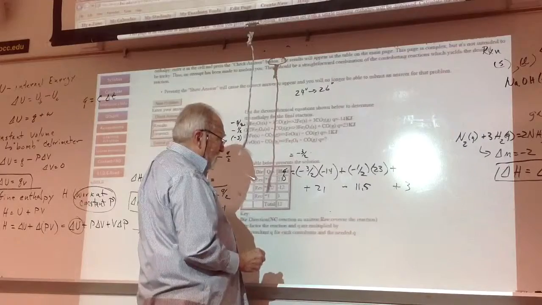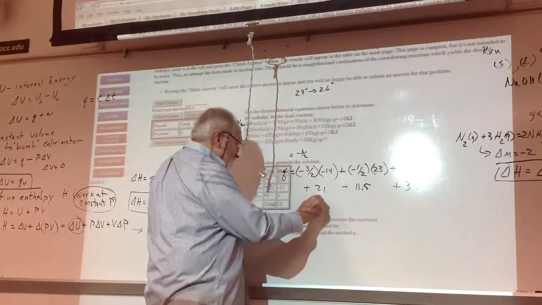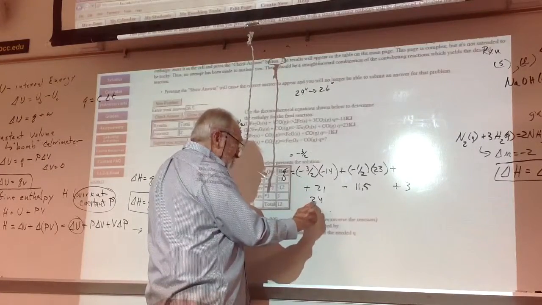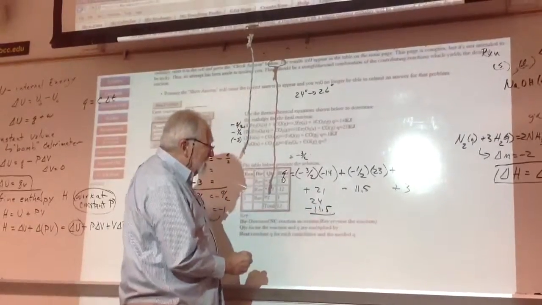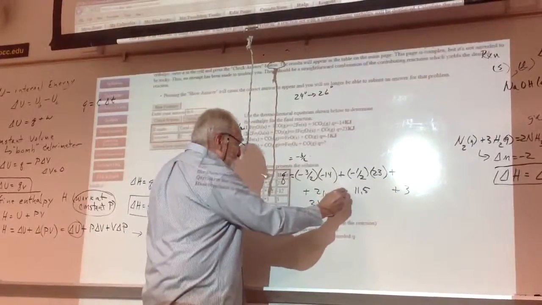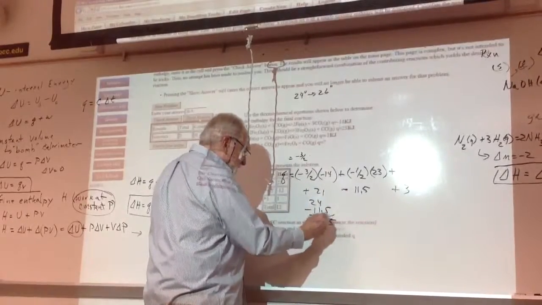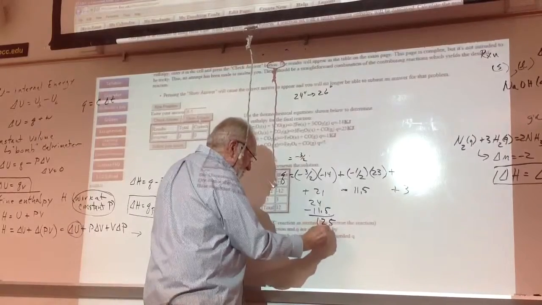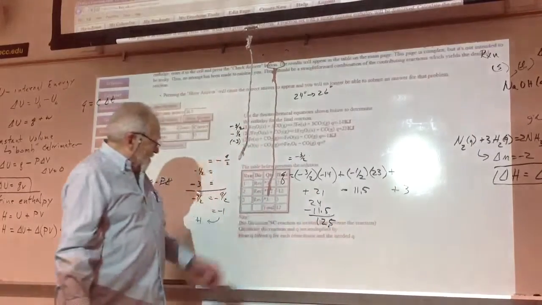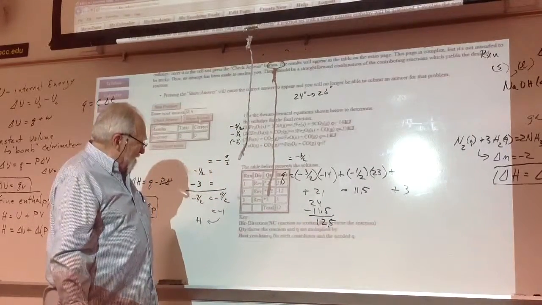So I have 21 plus 3 is 24 minus 11.5. Is that right? Yeah. 3 minus 1 is 2. 12.5. Oh, you got 12.5. I got the same answer you got.